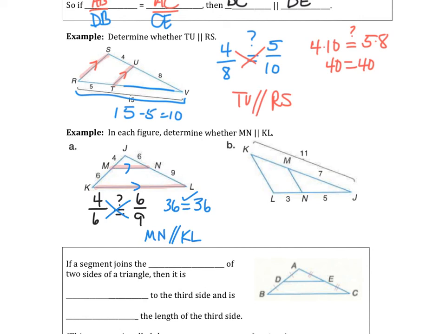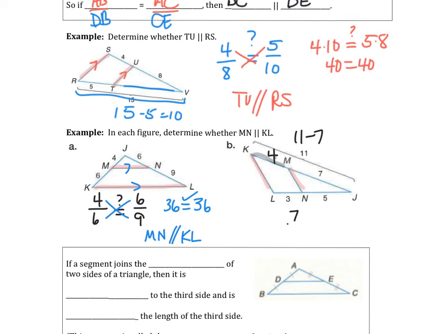Moving on to the next example here. Again, we're looking to see if KL is parallel to MN. We're going to set up our proportions. Before I do that, I'm going to figure out what this length is right here. In order to figure out that length, it's going to be 11 minus 7. So this length right here is 4. Now I'm going to look to set up my proportions.